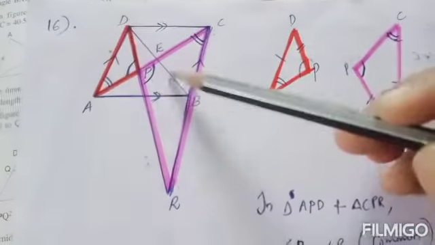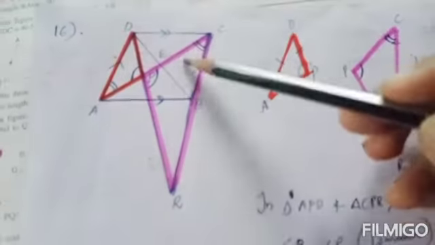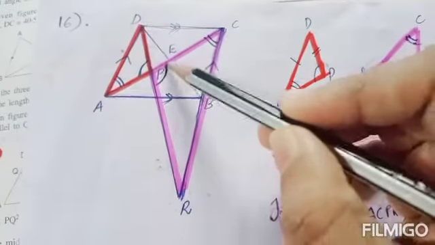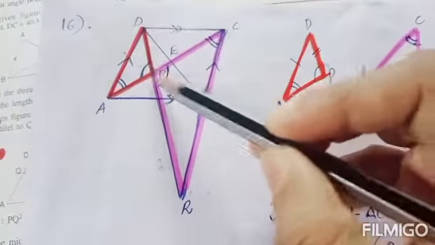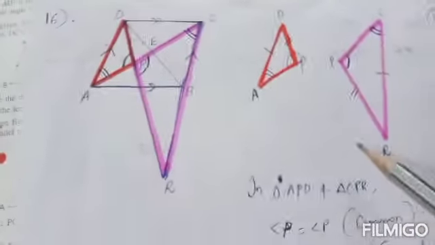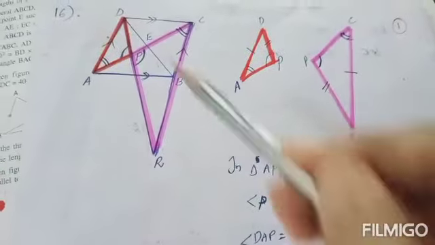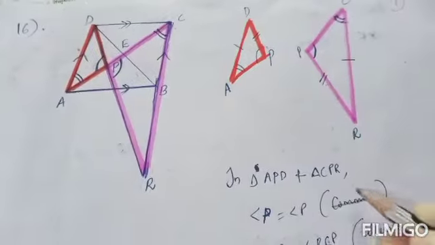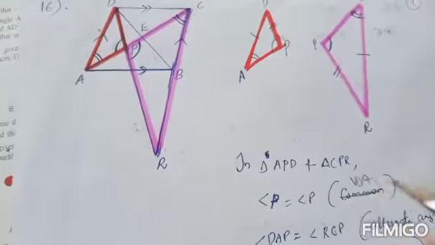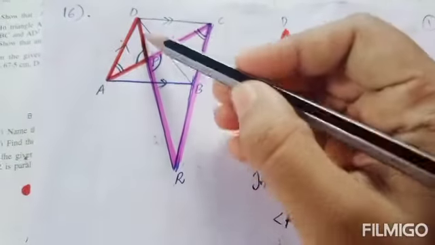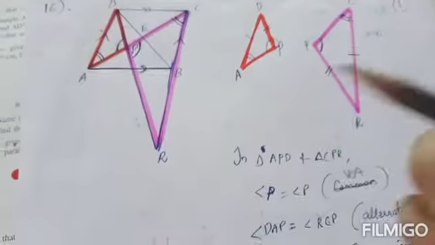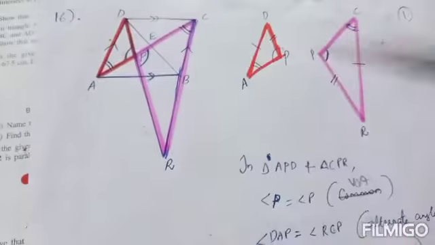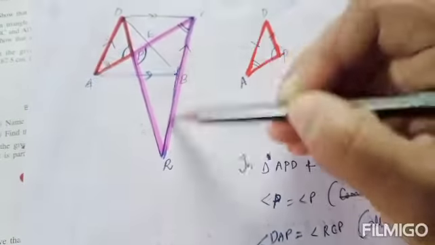triangle APD and CPR. Now in these two triangles, angle P, these two are vertically opposite angles. So in triangles APD and CPR, angle P equals angle P, vertically opposite angles. Now angle DAP will be equal to angle RCP.